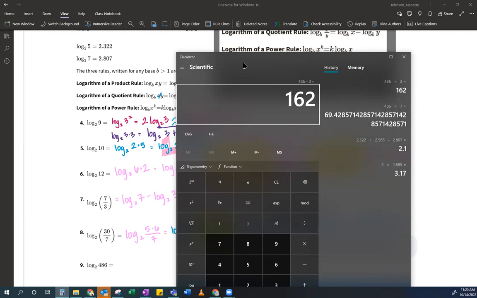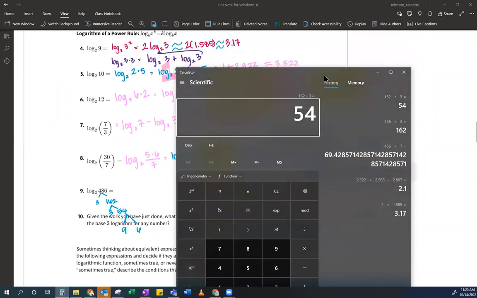So this is 3 times 162. Let me divide by 3 again. Let's see what we get. Ooh, we get 54. So this is 3 times 54. And I know what 54 is: 9 times 6.